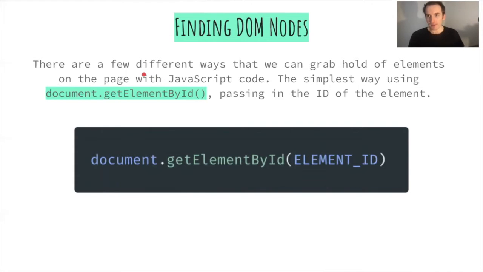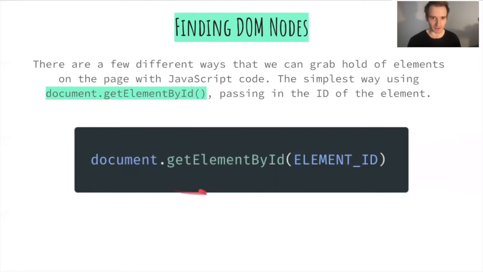So the most simple way to grab an element on the screen is using this getElementById method that comes on this document object. So again, this word document, we can put this anywhere in our JavaScript, and our browser, whenever it finds an HTML page, it's going to grab the HTML, it's going to summarize it into this document, and this document object has a bunch of properties and methods already baked into the document.